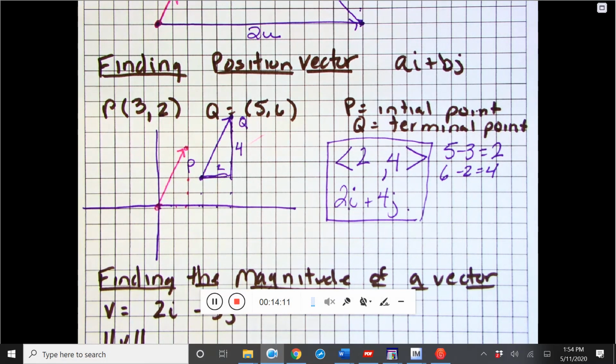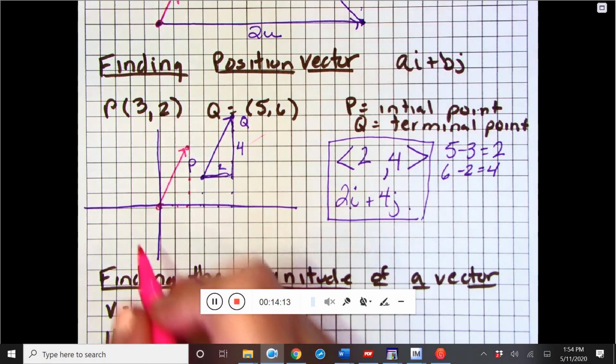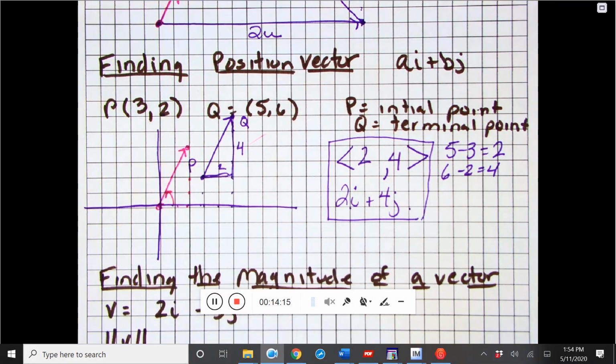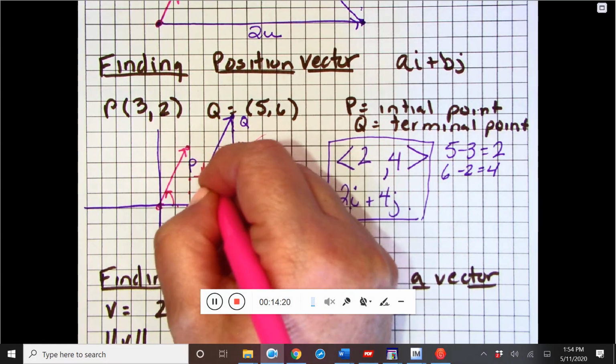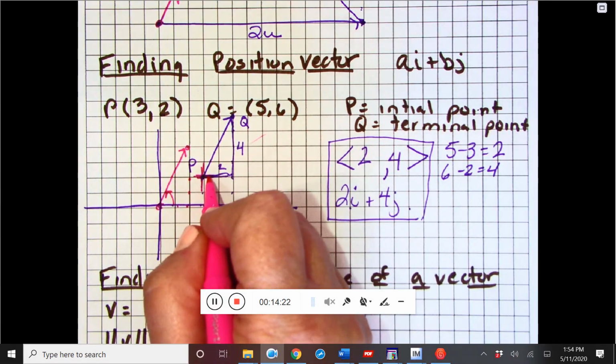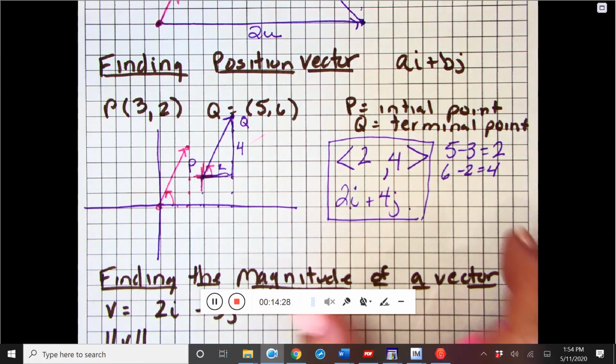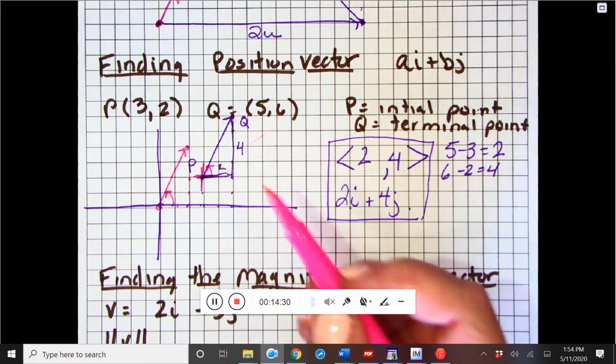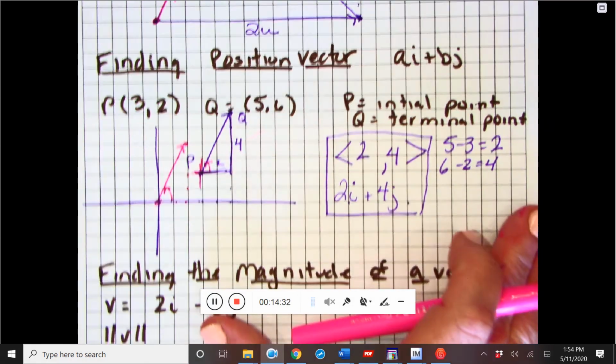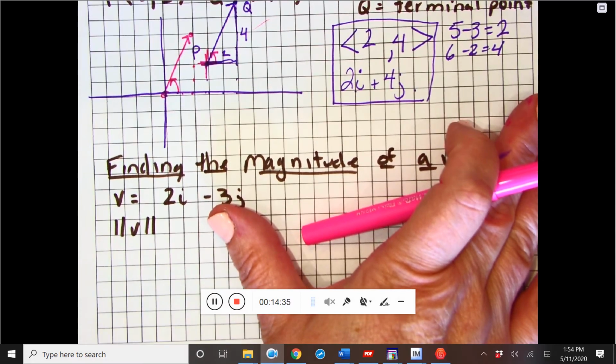And the position, which we're going to learn a little bit later, is indicated by the angle that it makes with the positive x-axis. So if I had put another little coordinate plane right here, this one would make that same angle with the positive x-axis. Okay, so how do we find the length of the vector? That's something called the magnitude.